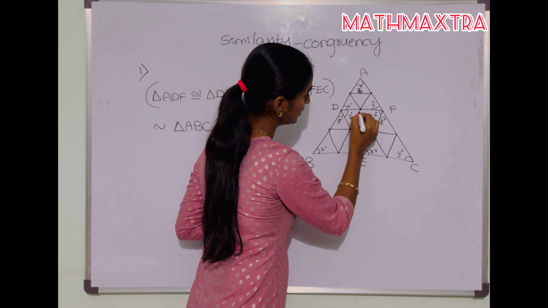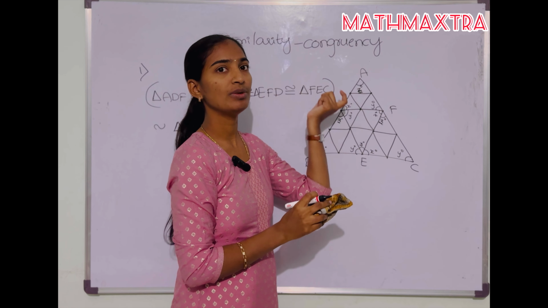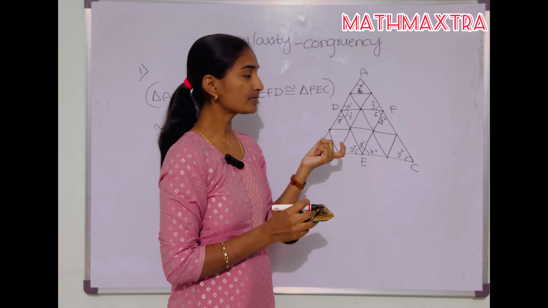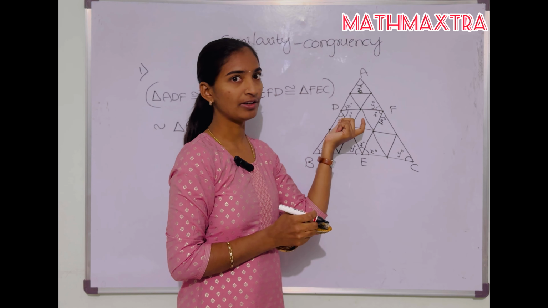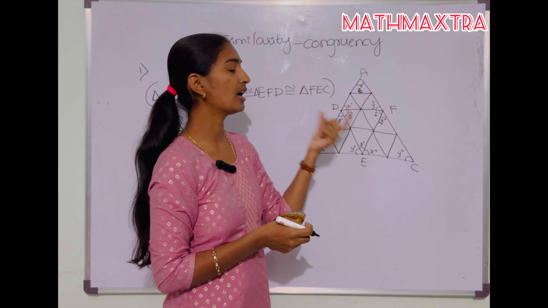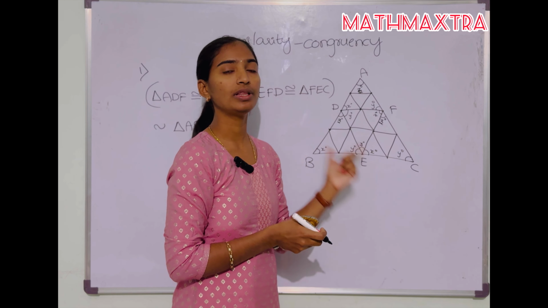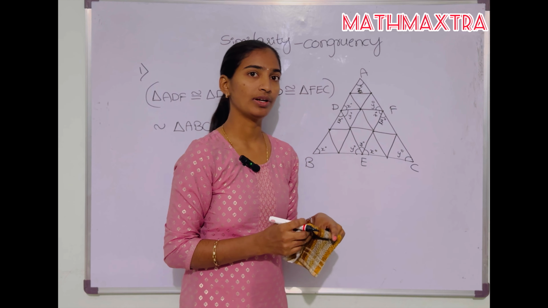If you keep on joining the midpoints of the triangles, infinitely many triangles are formed. These infinitely many triangles are similar to each other. All the triangles are similar to each other. So this is the second point.